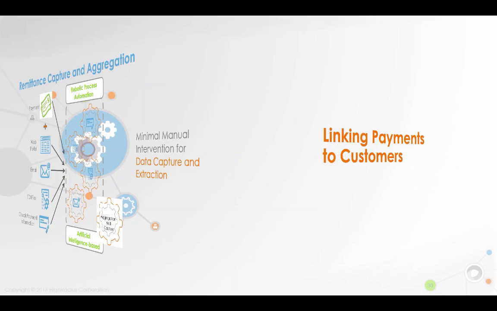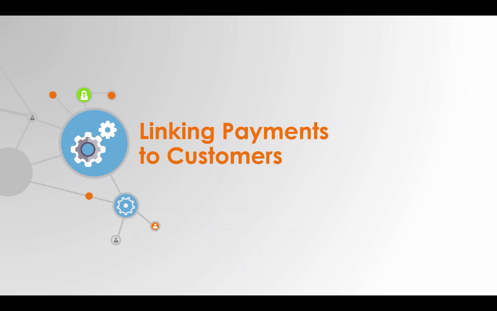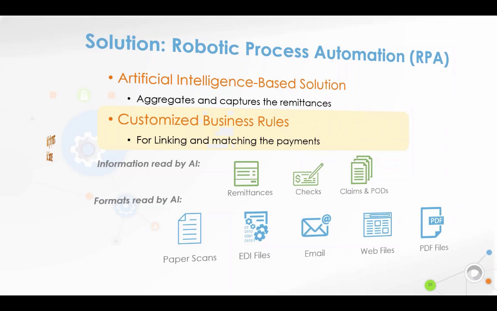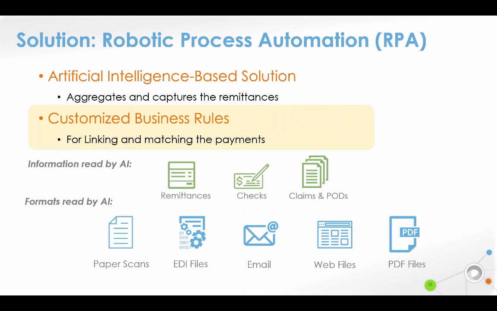So when we look at the next step, linking the payments to the remittance file, again, it's another challenge that people found. So how does robotic process automation apply in this case? This is where the customized business rules would kick in. The linking engines and parsing engines take all that remittance data, and now that the information has been gathered together, using these business rules, it can intelligently link the payment file with the remittance file.